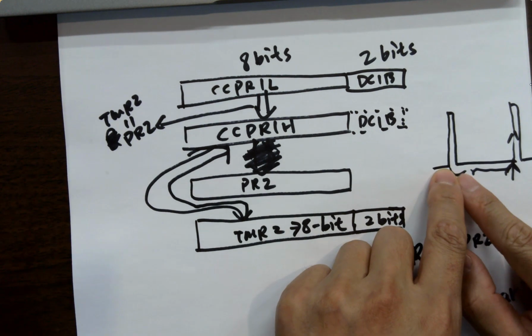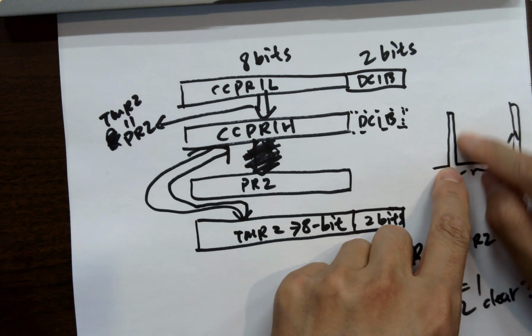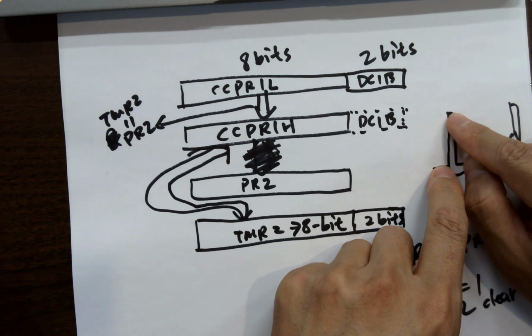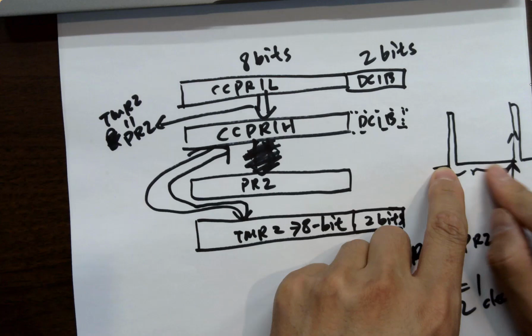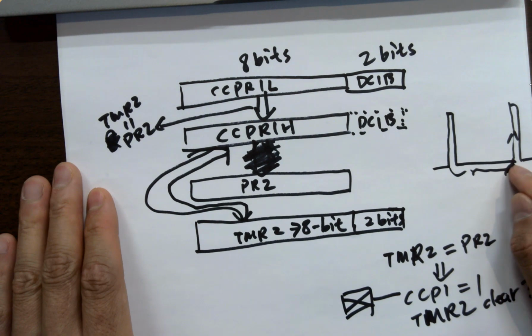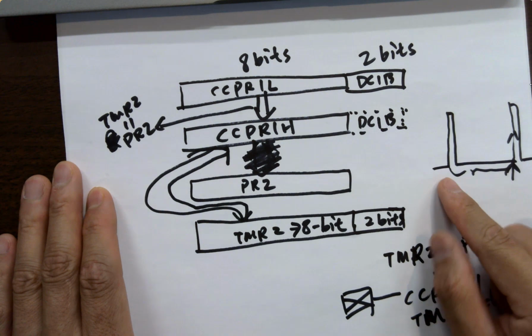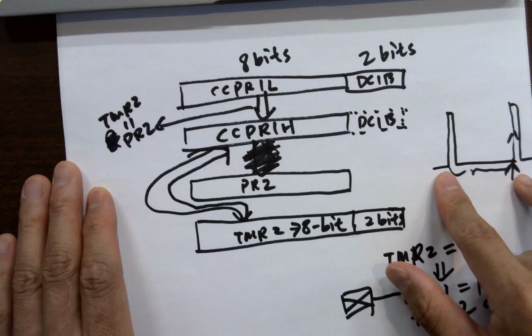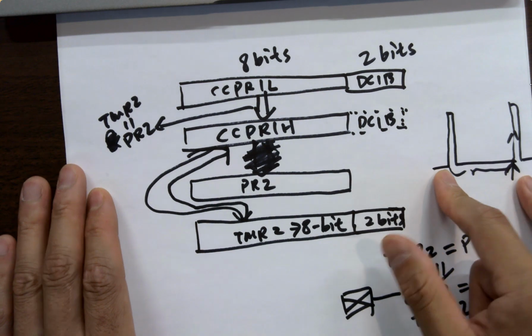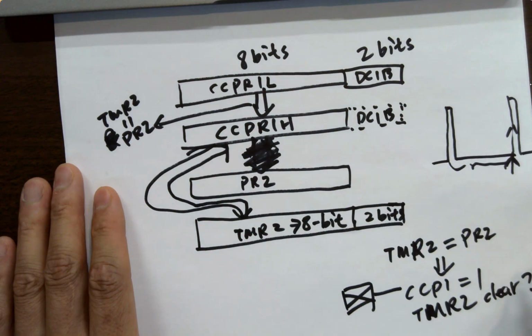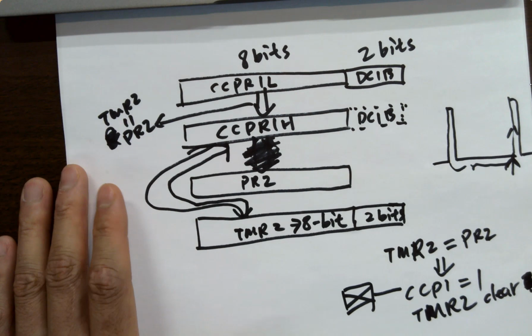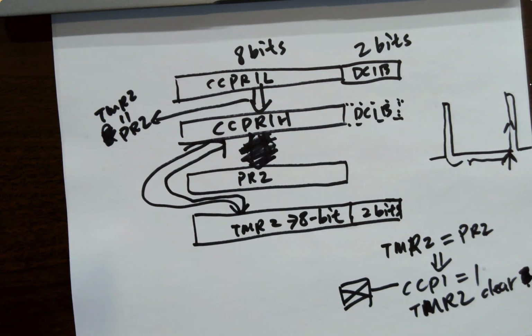So it counts to here, then you do something to define the duty cycle, right? Then it keeps counting until here, you get a PR2, and then you send this high, and then you need to start counting from 0 because you have to get another PR2 cycle, right? So this must be cleared. Timer 2 has to be cleared.